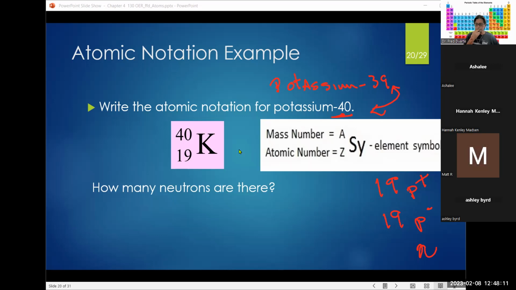So if I needed to write the atomic notation for potassium-39, guess how I would do it? It would be 39, K, and 19. Both of them share the number of protons. Both of them share the number of electrons. I wrote that wrong there. Let me correct that.